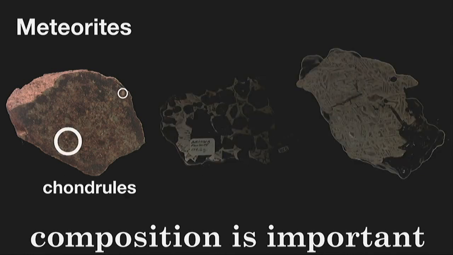And that's because you can see all of these little circular features. I've highlighted a few. There are many more out there. And these features are called chondrules. A chondrule is a droplet of material from the protoplanetary disk that has been preserved. So these droplets in space somehow managed to get encapsulated and managed to survive until the present.